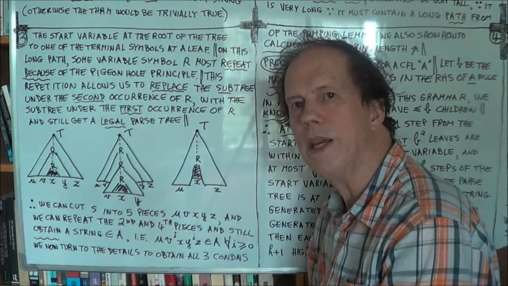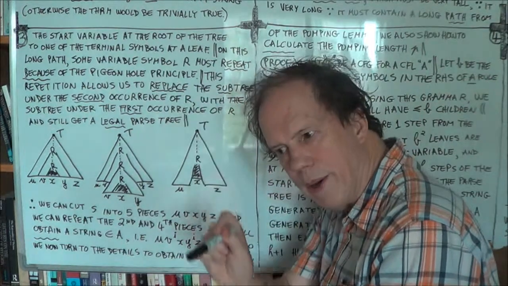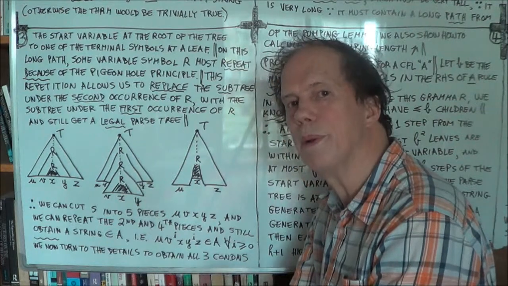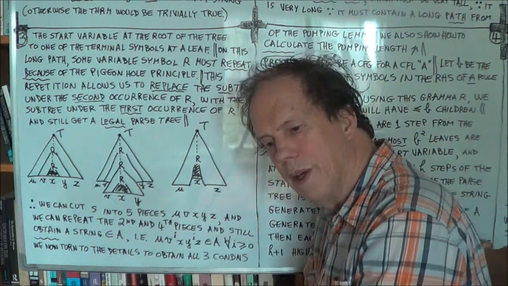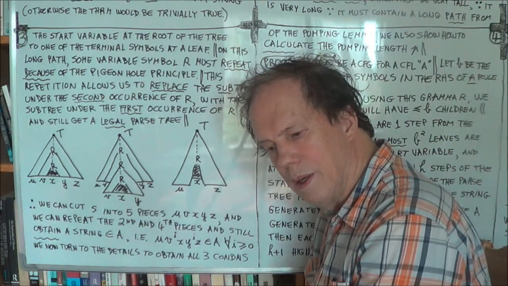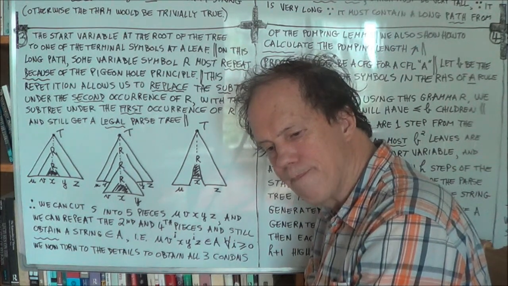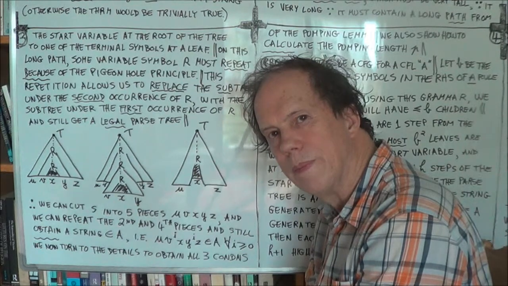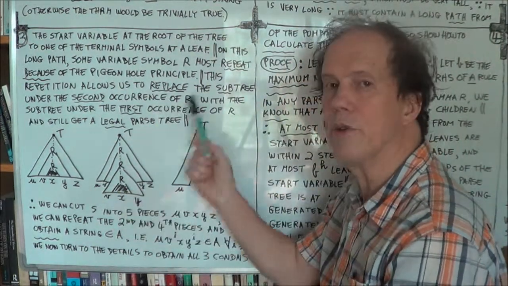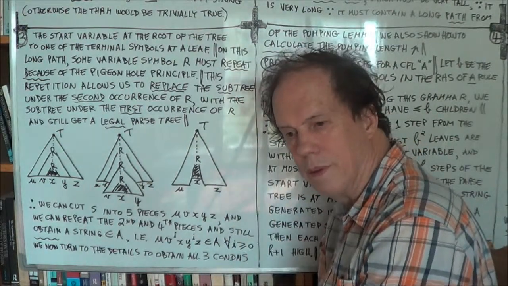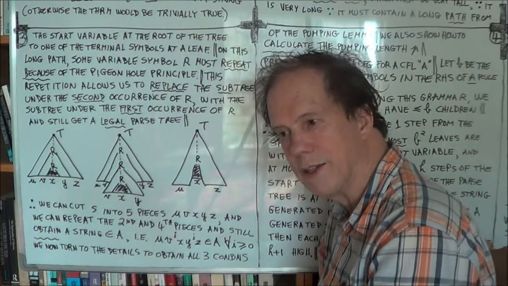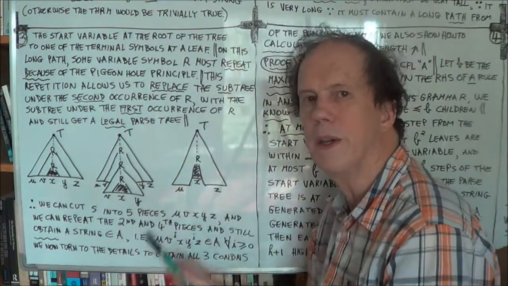As you go down the path from the root node to the leaf, to the terminal symbol, along that long path, there'll be at least a variable that is repeated. And you may ask, well, why? Well, this is the outline of the proof. You need to go to the detailed proof to prove that that's the case. But this is just sort of an overview.